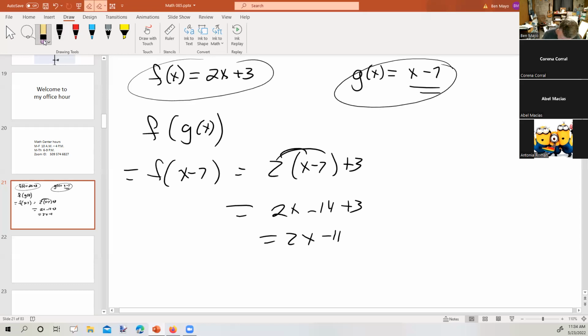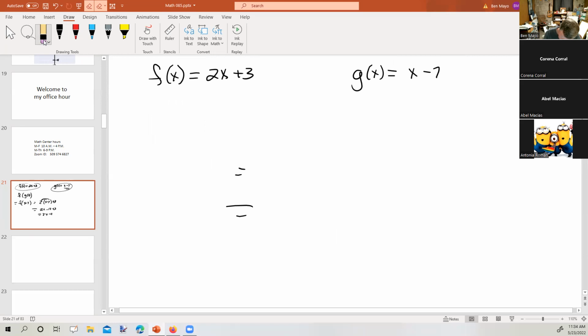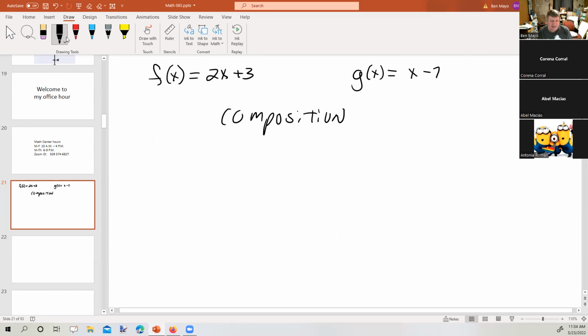Well, there's an operation that's called composition. And just like addition, subtraction, multiplication, and division have symbols, the symbol for composition is a circle.